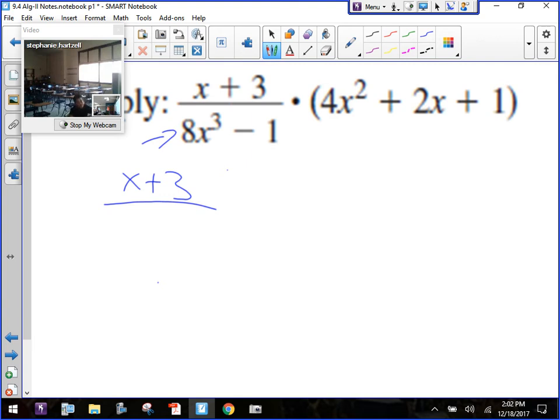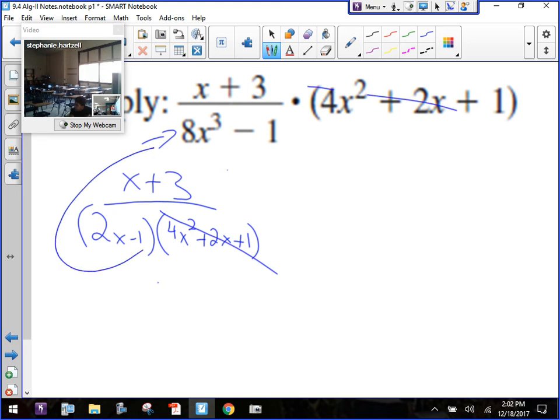What is the cube root of 8? 2. So this one becomes 2x minus 1. And then I'm going to get 4x squared plus 2x plus 1. Hey, look, I don't have to do any more work, do I? Because this goes, no. And then there's my answer.